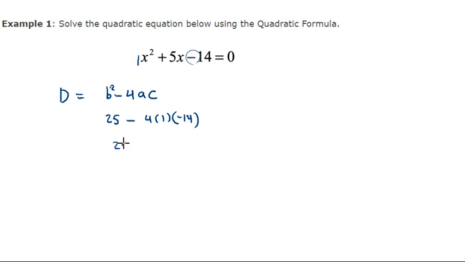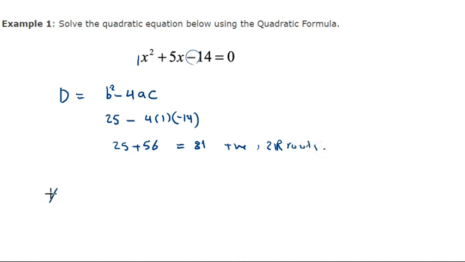This equals 25, minus negative is positive, 56, which equals 81. Now the discriminant equals 81, it is positive, and we have two real roots.